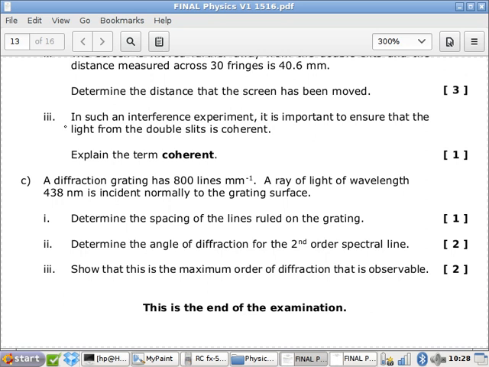But how did you know what is 800? It means if you have 1 millimeter, there's 800 lines. So the diffraction d, the distance between the lines, would be obviously 1 millimeter divided by 800, because it's 800 per millimeter.